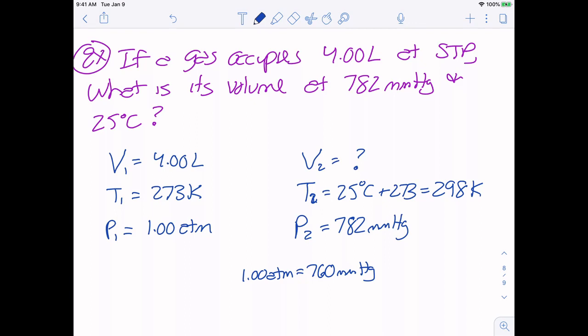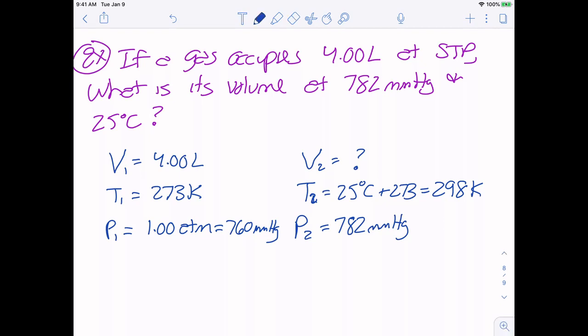Or I can convert 1 atmosphere to millimeters of mercury by multiplying by 760. I'm going to do that one because I don't have to get my calculator. If 1 atmosphere is this, then this is 760 millimeters of mercury. Again, you can do it either way. If you were going to have R, the gas constant, as part of our problem, then it would have to be atmospheres because R has atmospheres in it and they need to cancel. I haven't shown you how we're going to get the equation yet, but I do know that my gas constant is actually not going to be part of it.